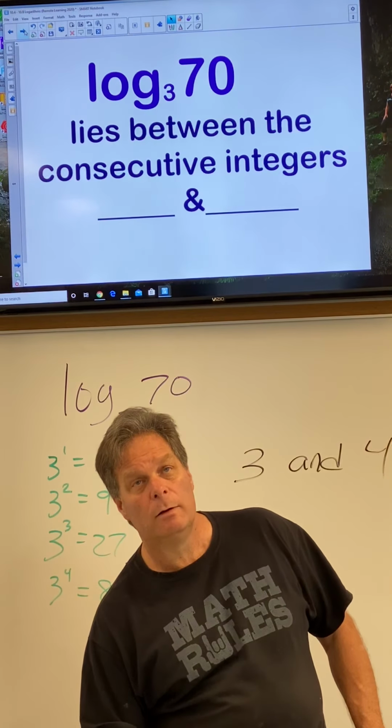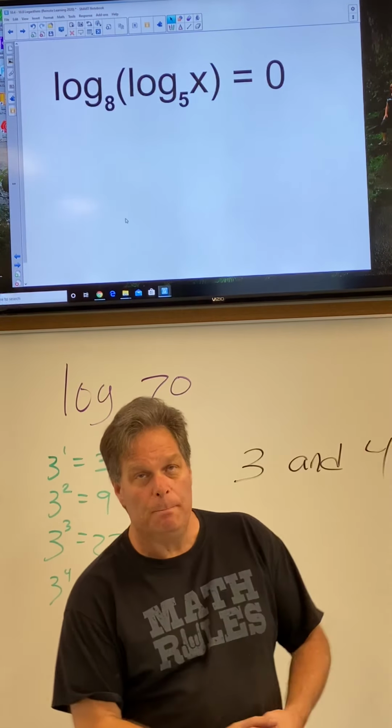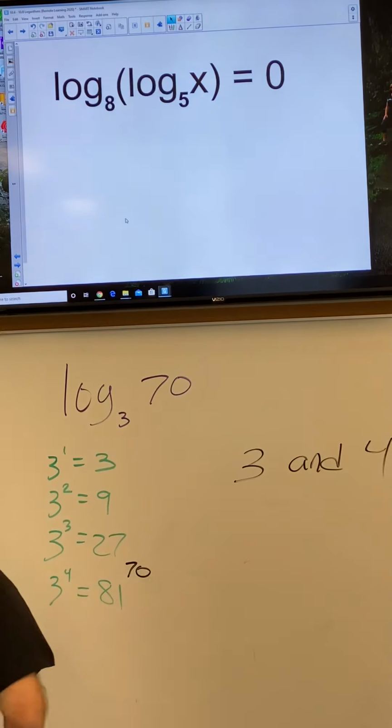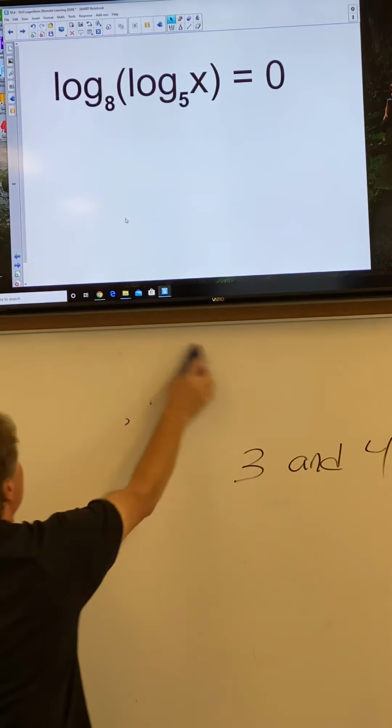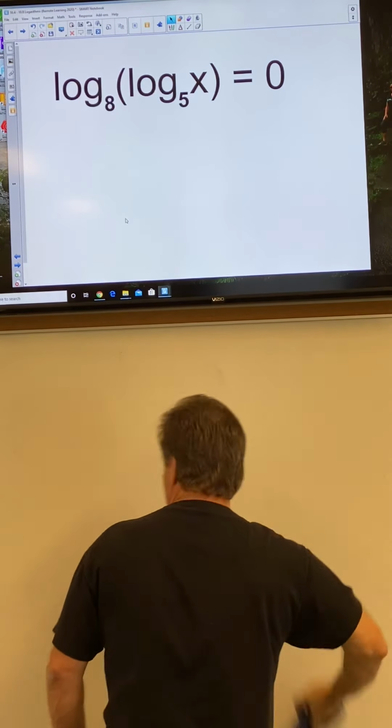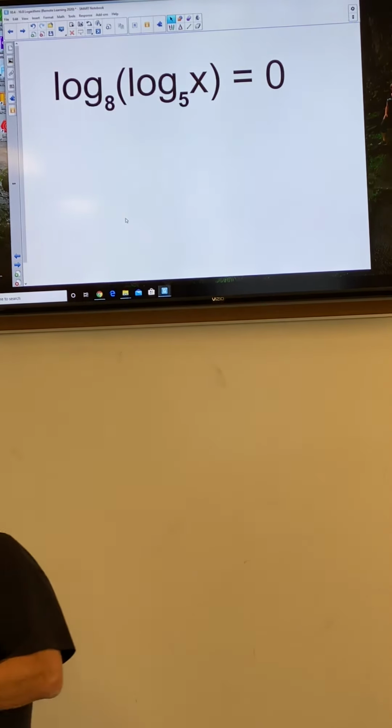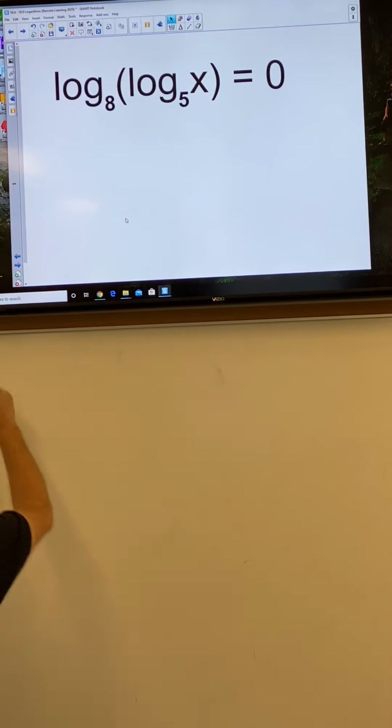Now, this one is kind of interesting because if you look at it, it kind of looks like it's in logarithmic form, but not exactly, but it is in logarithmic form. I'll show you why.